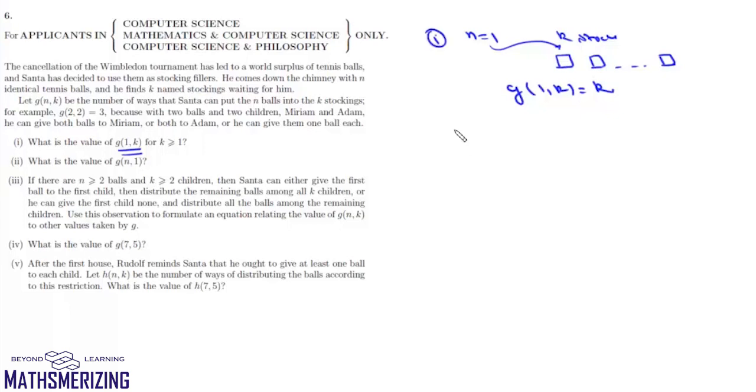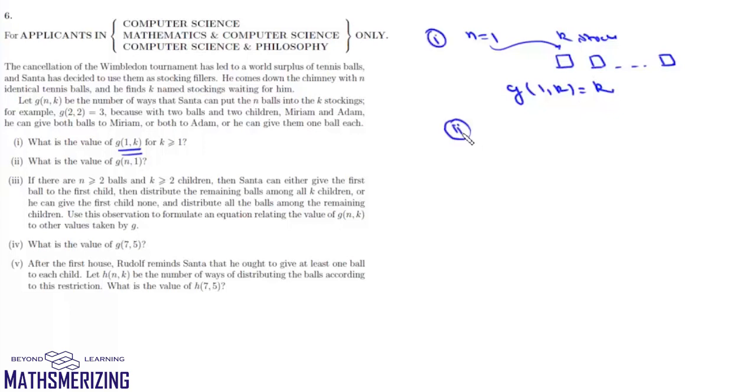Now part 1 is, what is the value of G(1,k)? Now here we have one ball and we have k stockings. Now once we have one ball and k stockings, this ball can go to any one stocking. So G(1,k) is nothing but kC1, which is simply k, and that's our first part.